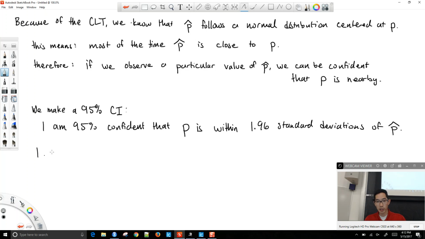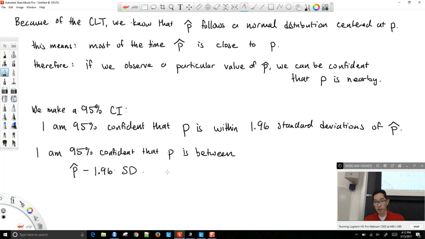Or I can say I am 95% confident that P is between p hat minus 1.96 standard deviations and p hat plus 1.96 standard deviations.